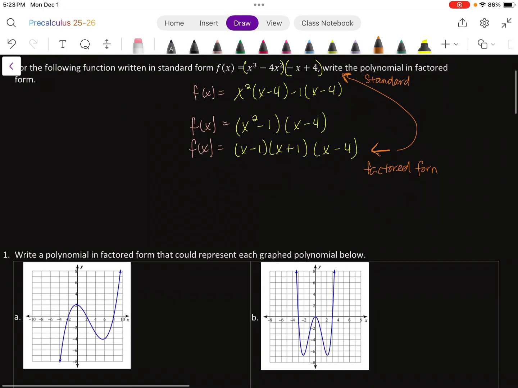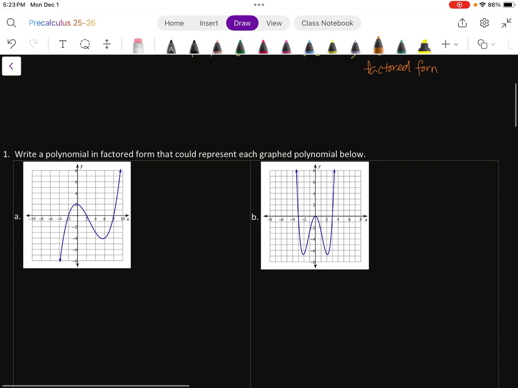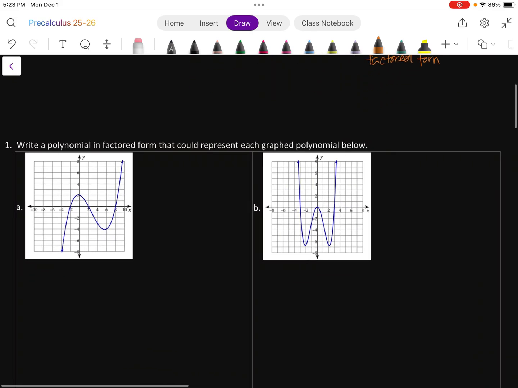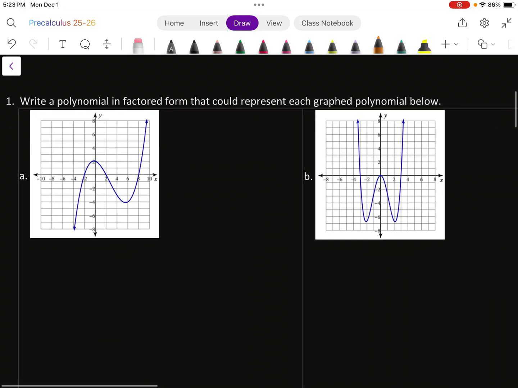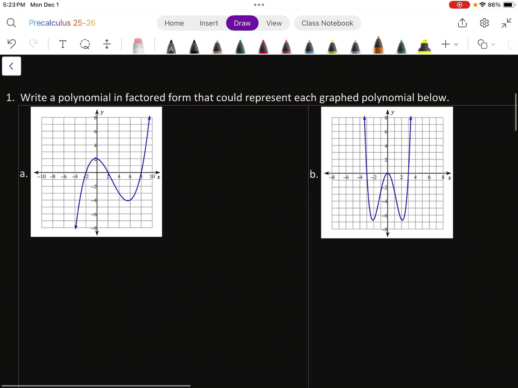All right. Write a polynomial in factored form that could represent each graphed polynomial. All right. So just any polynomial, we're disregarding our y-intercepts. We'll see down the line that changes some things if we have a different y-intercept than our final.